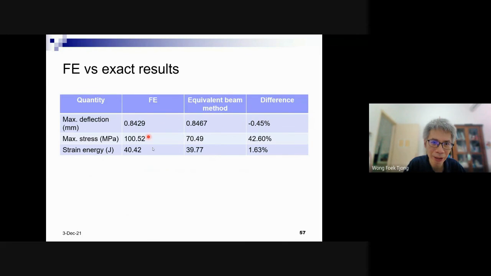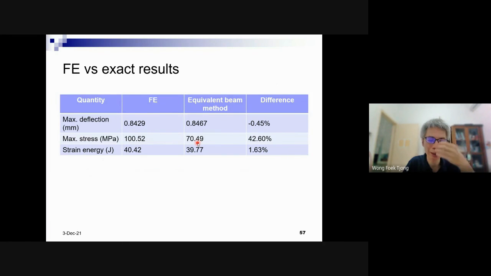This is the finite element result. I think it's more accurate because this is not exact now, just a kind of equivalent beam method. Actually, there is no exact solution for this problem. But the result for the deflection is still close. But the problem is the maximum stress. According to finite element it is 100, but according to beam theory it is just 71.